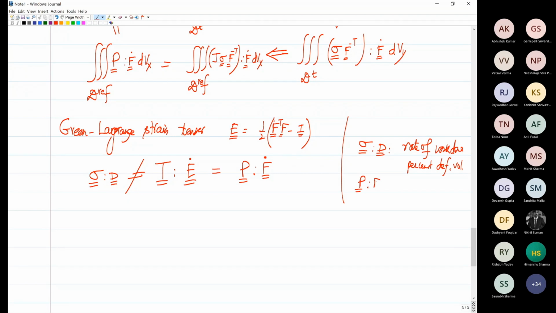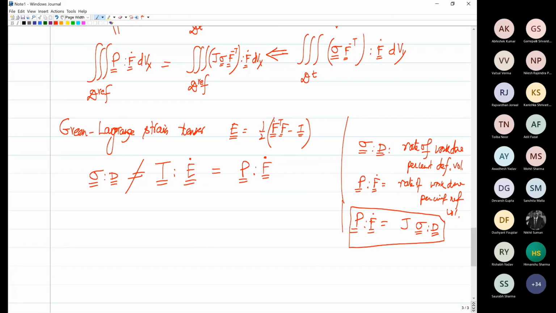Whereas P double contraction F dot is rate of work done per unit reference volume. So basically P double contraction F dot would therefore be equal to J times sigma double contraction D, okay? So anyway, now this T double contraction E dot, because E is a Lagrangian measure, when you dot it, it will give you work done per unit reference volume, and therefore you have to equate it to P double contraction F dot.